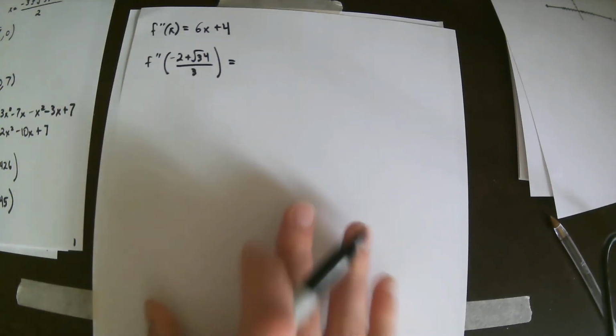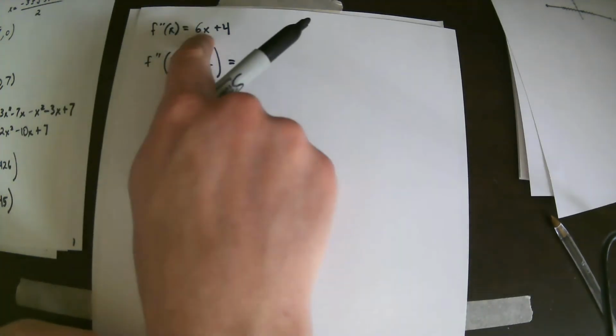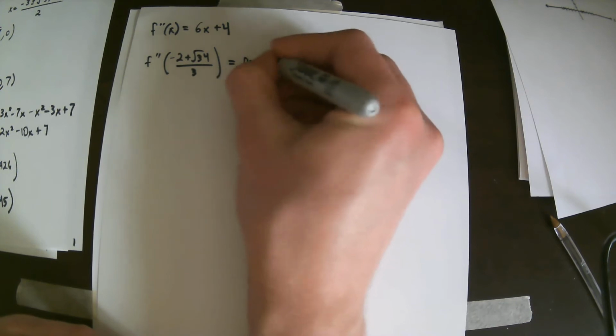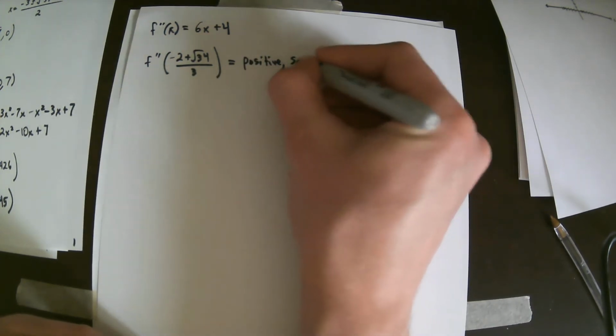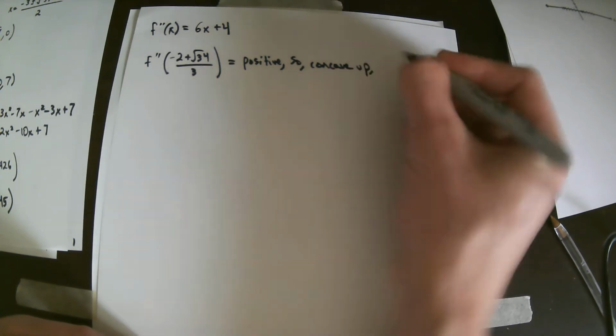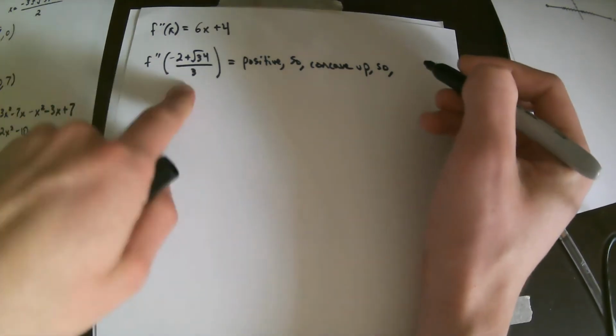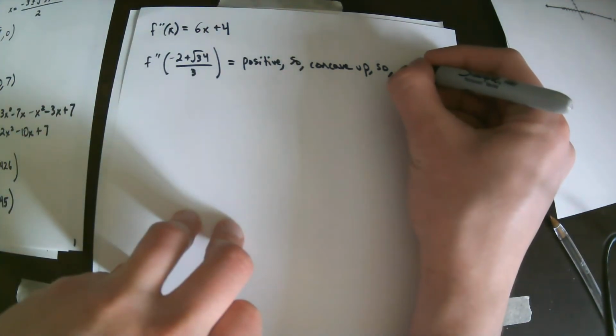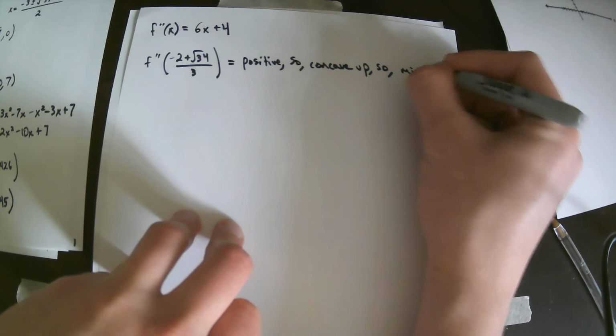Does that yield a positive or a negative? In here, let's see, that's going to be positive. So that means it's concave up. So this point, if it's concave up, I'll just say is a minimum. Min.